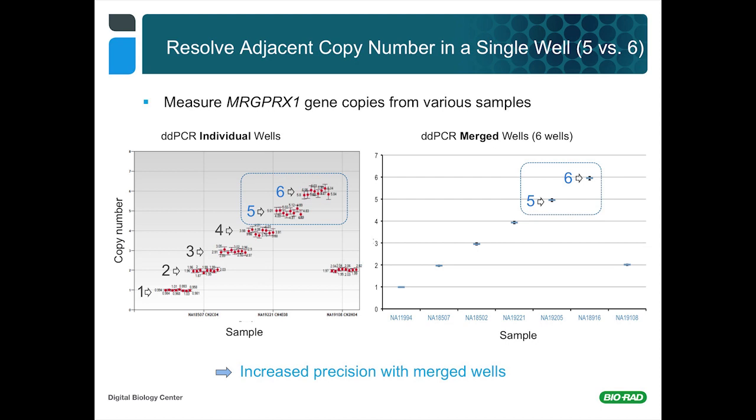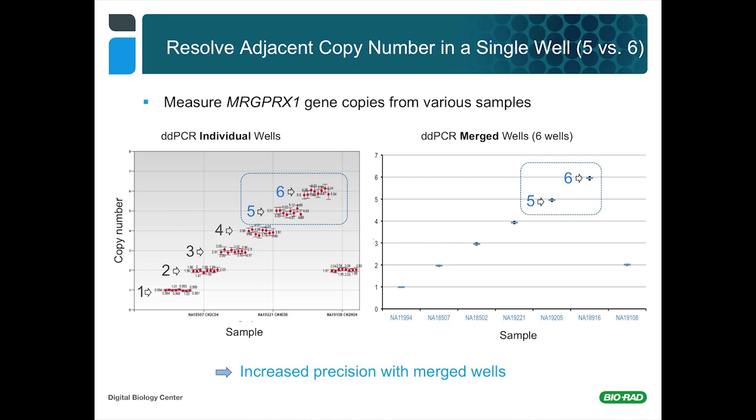Another powerful thing that you can do with the droplet digital PCR is you can actually merge data points from individual wells if you want to get still higher precision. And the data on the left is regraphed on the right after merging those wells together. And here you can see, just looking at 5 and 6 copy number samples, that the error bars around the 5 and the 6 have shrunk down to almost invisibility there.